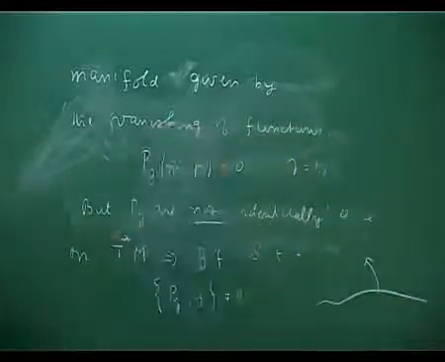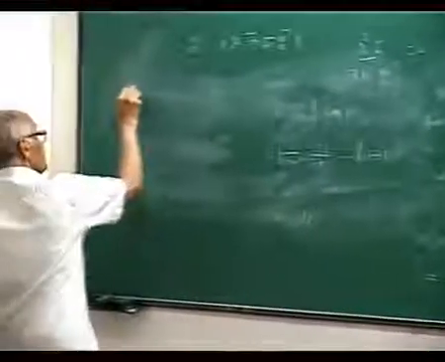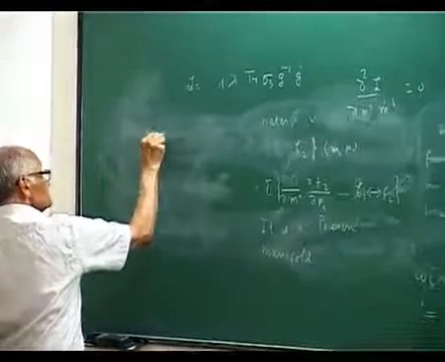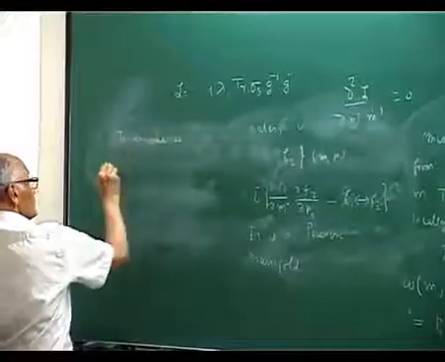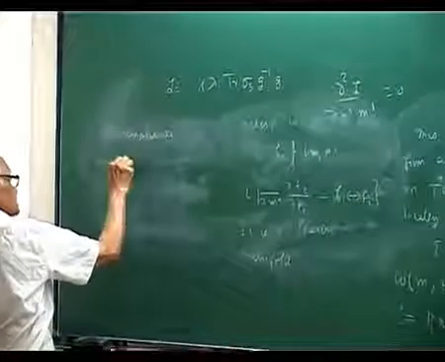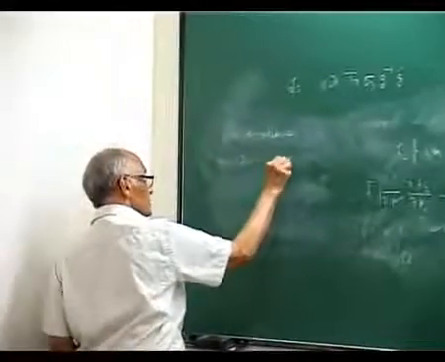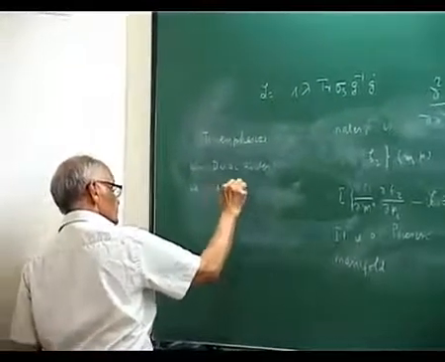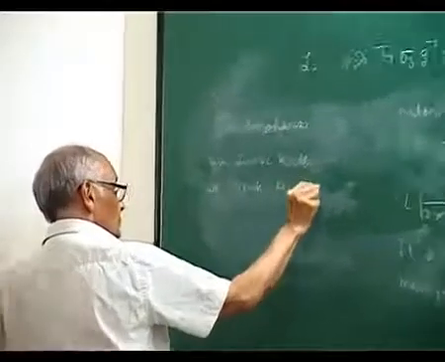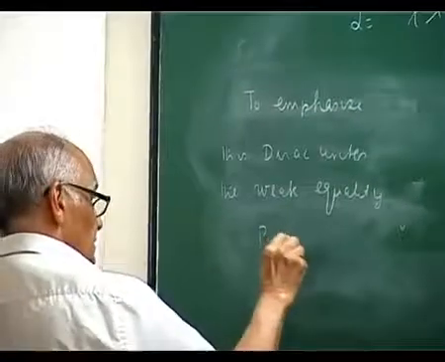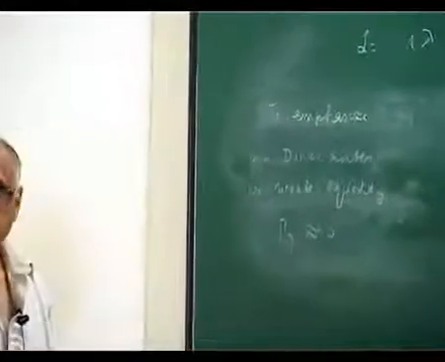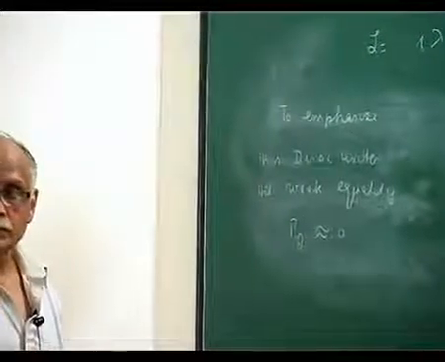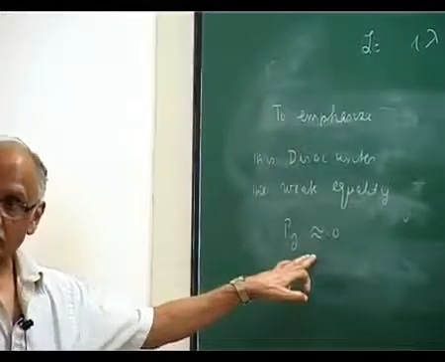So, to emphasize this, Dirac writes the weak equality Pj is like this. For him it is a warning.